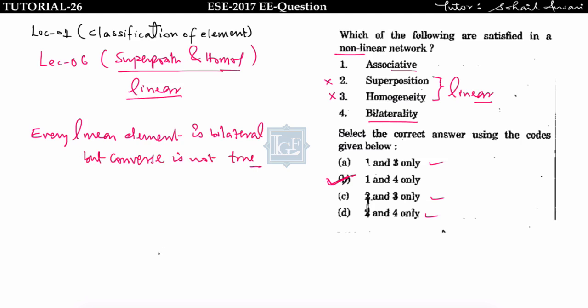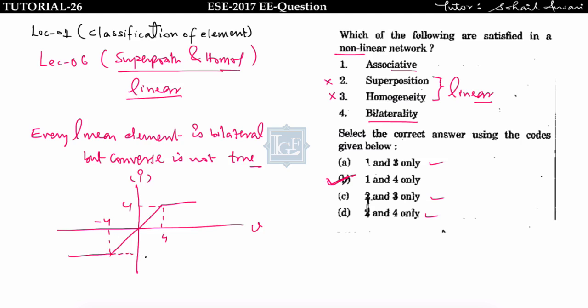Means every linear element is bilateral, but every bilateral element is not linear. It may be linear or non-linear. So I have solved one example in lecture number 1 like this. The VI characteristic is given like this. This is 4, this is 4, this is -4, and this is -4.